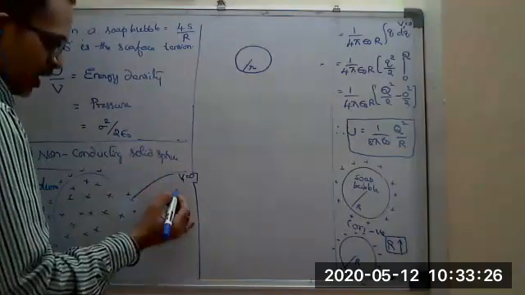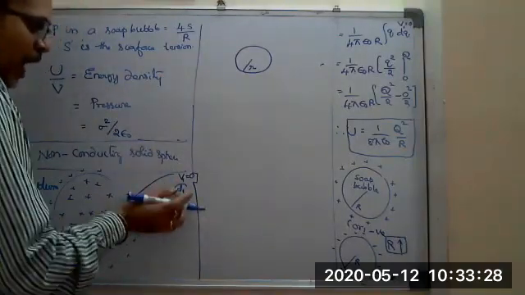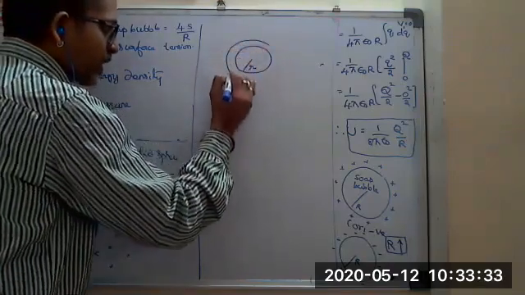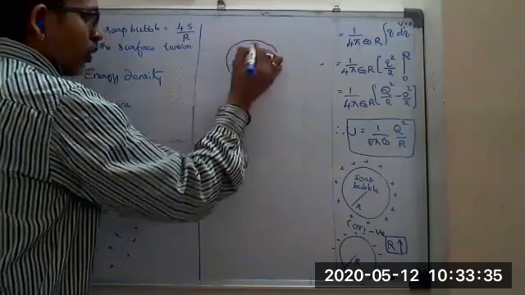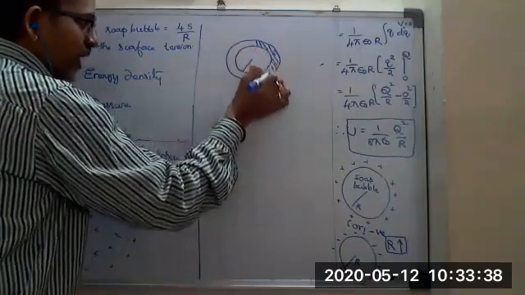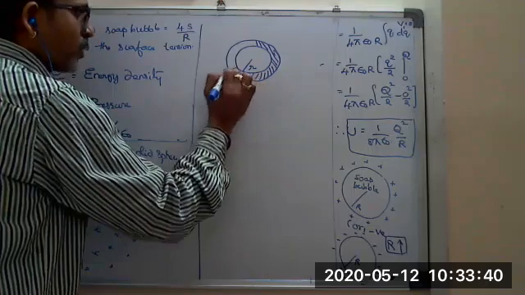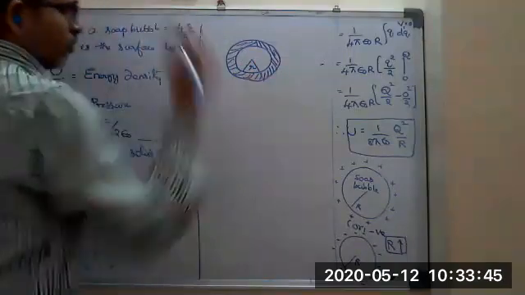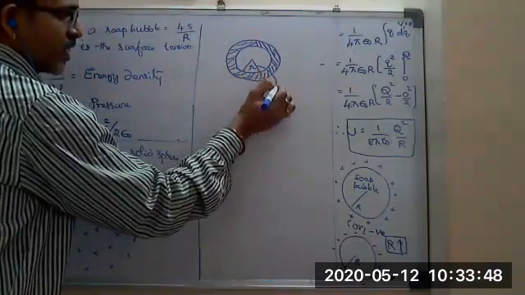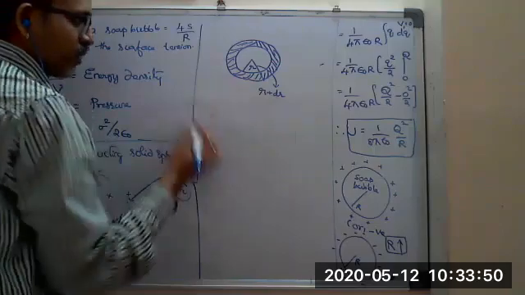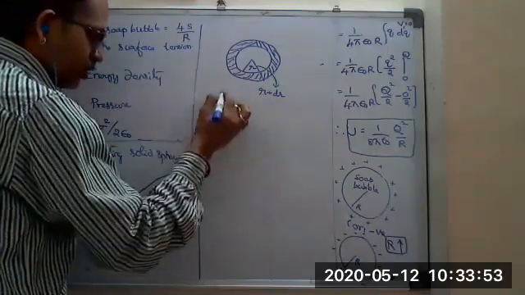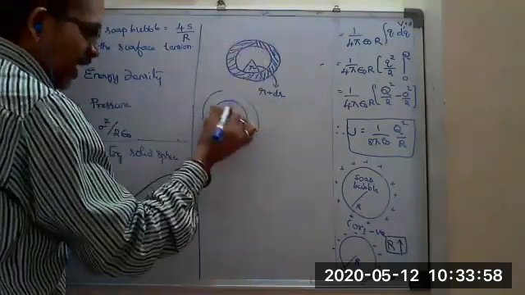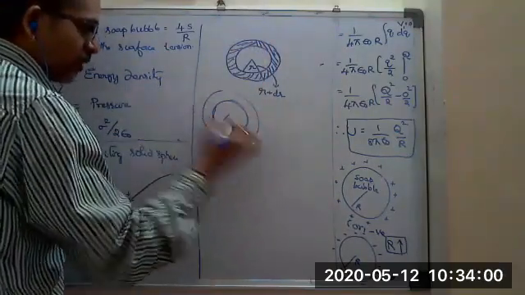Instead of some dq here, I take that dq over another sphere whose inner radius is r and outer radius is r plus dr. It is just like one hollow thick shell. This part is added over the existing sphere of radius r.